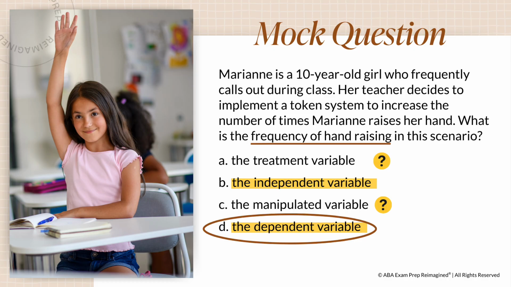Is frequency of hand raising really what that is? Maybe it is one of these things that I haven't heard of. Maybe it's a treatment variable or manipulated variable. So by knowing all of your AKAs, when you see these terms on the exam, you can feel confident in your choice of choosing the dependent variable as the right answer because you know what they are and you know they're not correct. So there you have it, 3 reasons why you should know your AKAs.